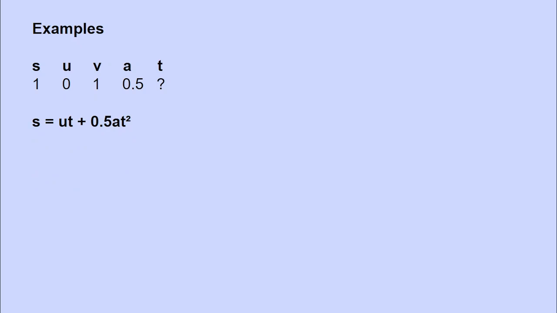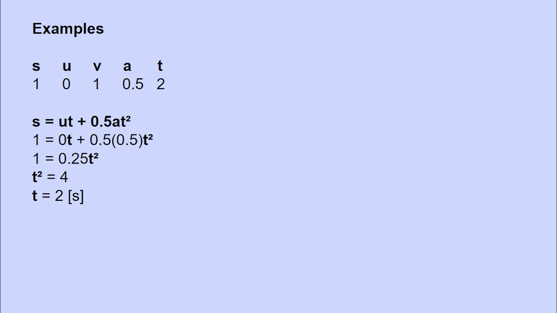To work out t, let us use the formula we haven't used. s equals ut plus 0.5 at squared. 1 equals 0 times t plus 0.5 times 0.5 times t squared. 1 equals 0.25 t squared. t squared equals 4.